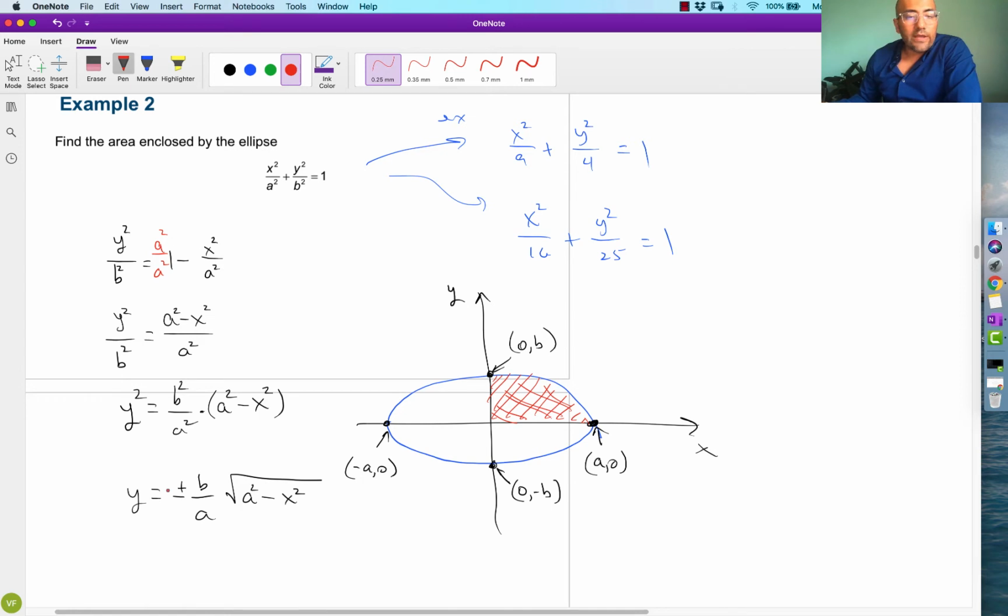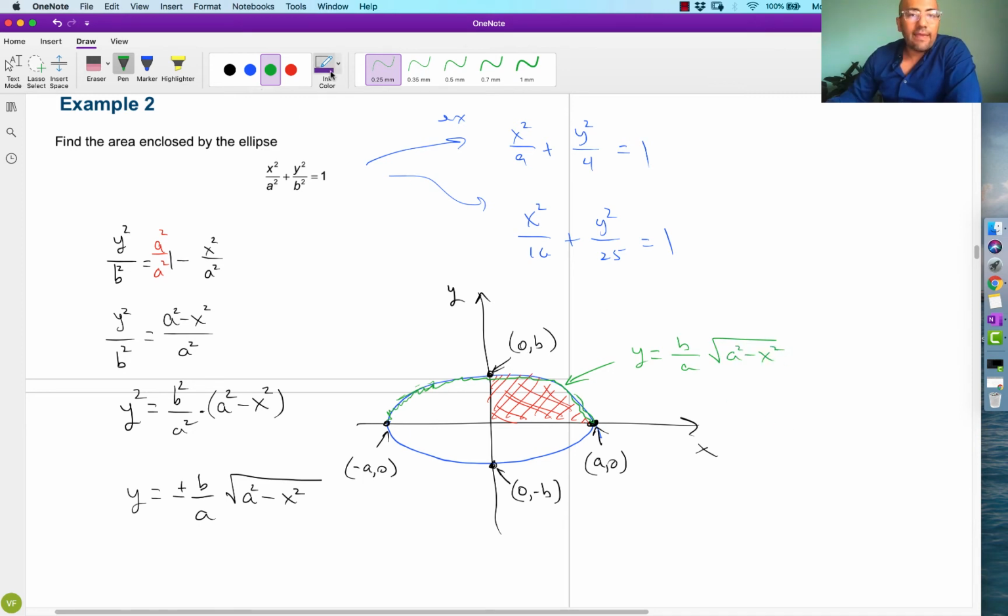Good. Okay, now when I solve for y, the plus part of it as a function is the top half of the ellipse, whereas the minus part ends up being this bottom part down here. Good. So this part of the ellipse up here as a function, just the top half, is y equals positive b over a square root of a squared minus x squared.